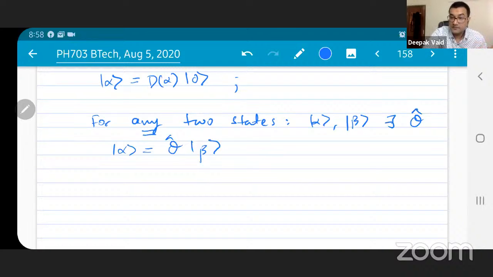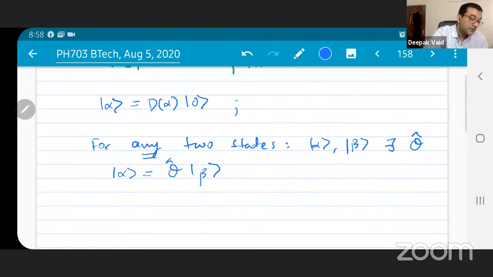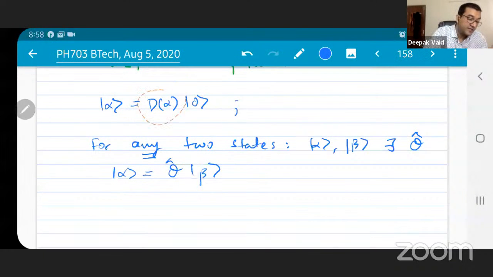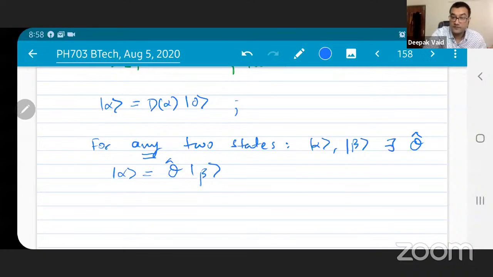This is just an obvious statement. So we are saying that we take this ground state and we define some operator such that the action of this operator on the ground state gives me alpha. And then we will look at the properties of this alpha and we will see that it has all sorts of nice properties.